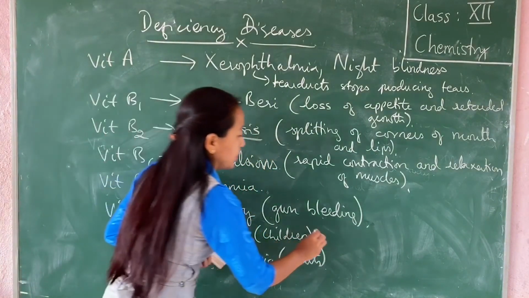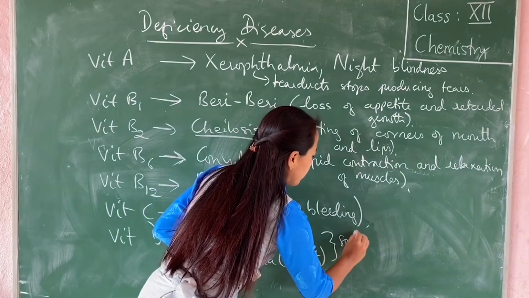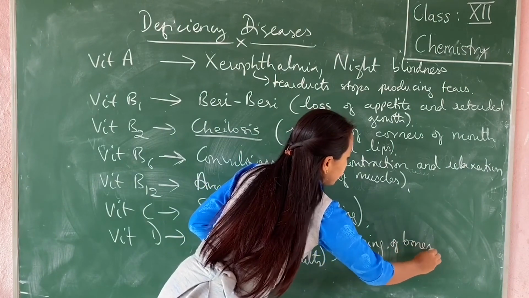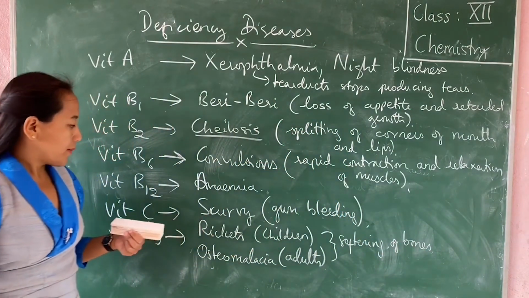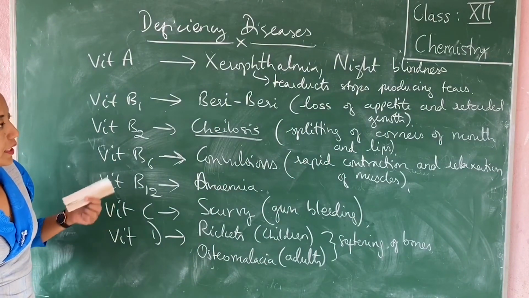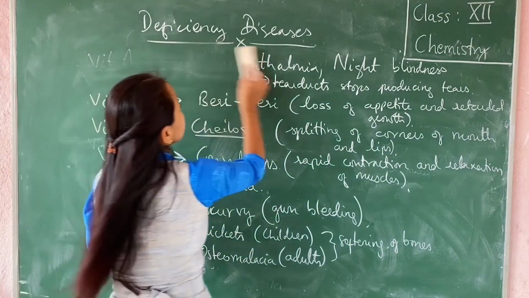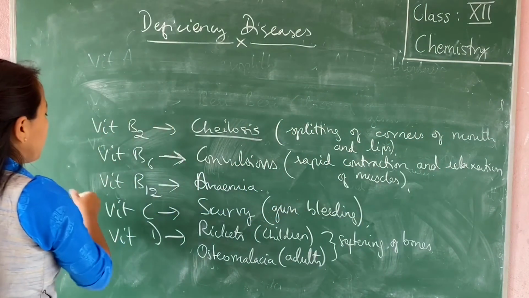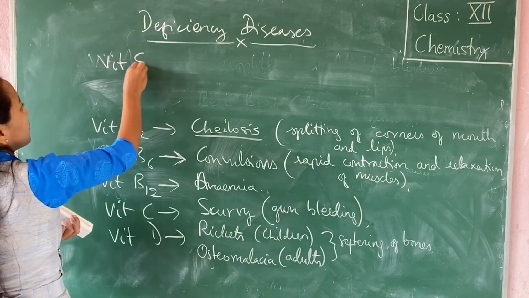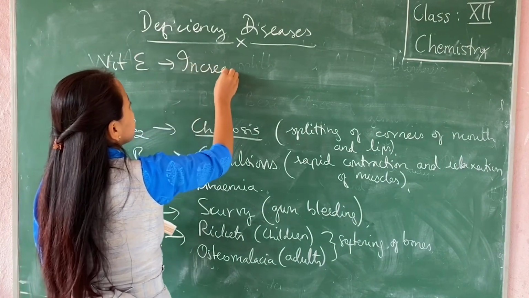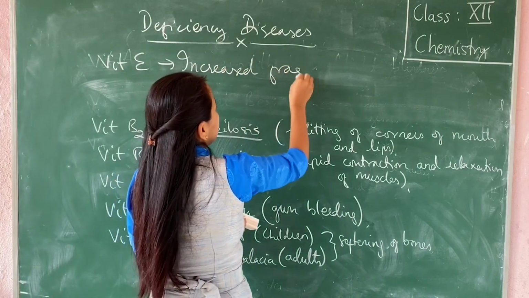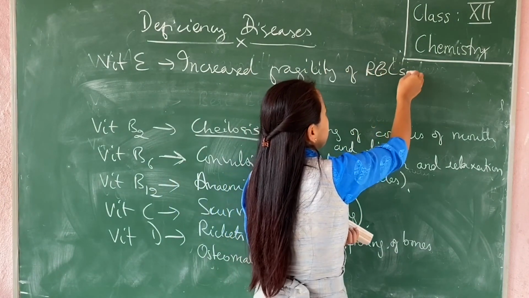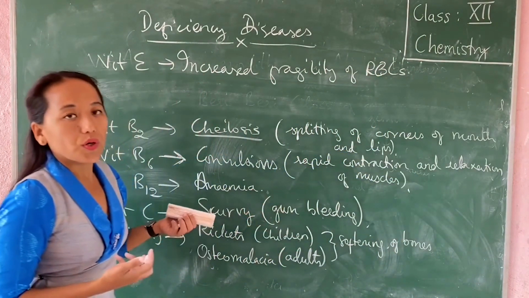Now in both these conditions, softening of bones takes place, that is, the bones lose their strength. Then you have vitamin E. Deficiency of vitamin E causes increased fragility of RBCs. RBCs easily get disrupted, which also causes anemia.